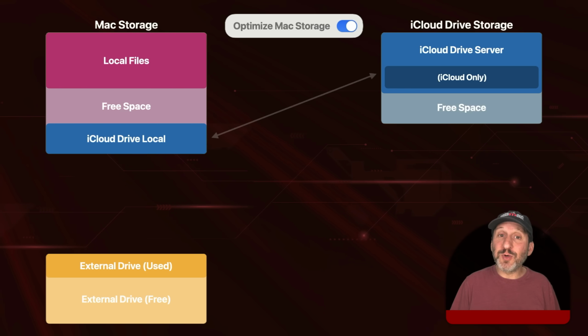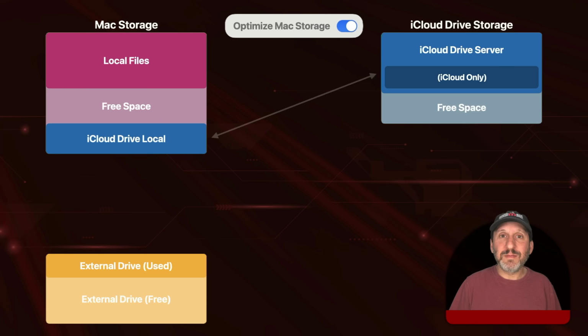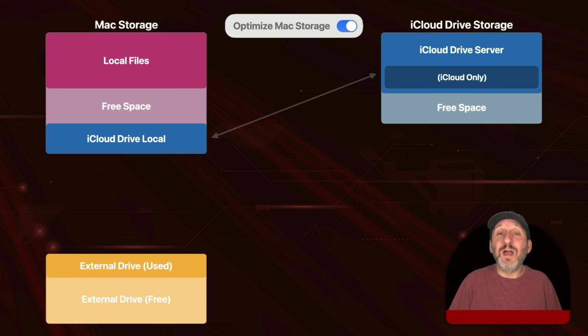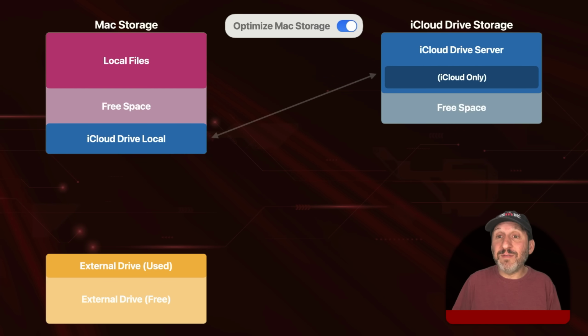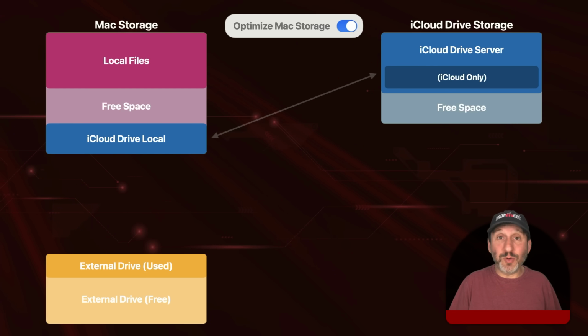And note, because we're using Optimize Mac Storage, it may take a little bit more time for things to sync and for you to see the savings. But the end result should be that if, for instance, you remove 50 gigs of stuff from iCloud Drive and move it to an external drive, then you should save 50 gigs of space on your iCloud Drive storage, but not necessarily 50 gigs or maybe not even any space locally.